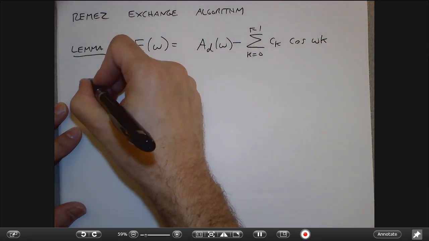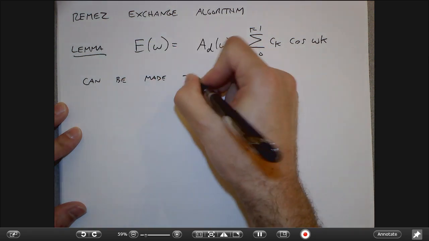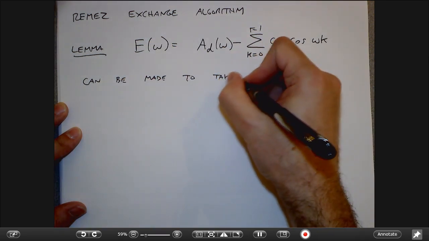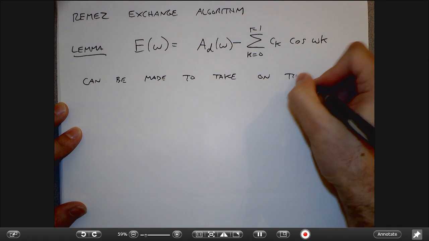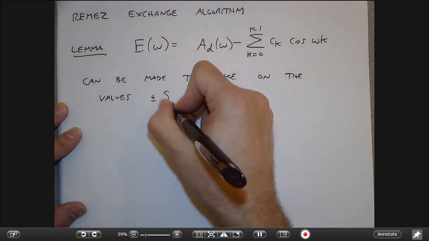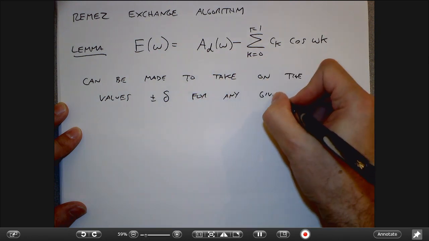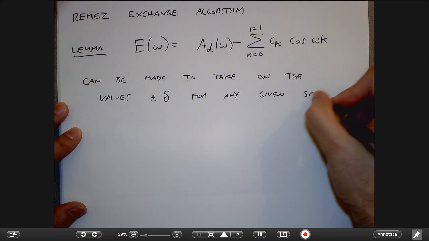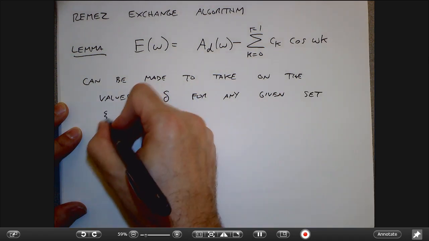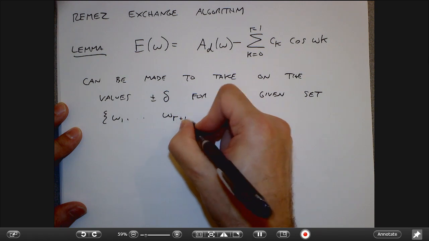So this thing can be made to take on the values plus or minus delta for any given set omega 1 through omega r plus 1.